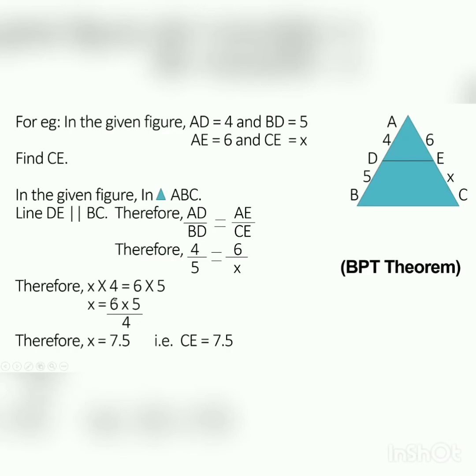Here remaining 3 into 5 is equal to 15 upon 2. After dividing 15 upon 2, you get X is equal to 7.5. So CE is equal to X is equal to 7.5.